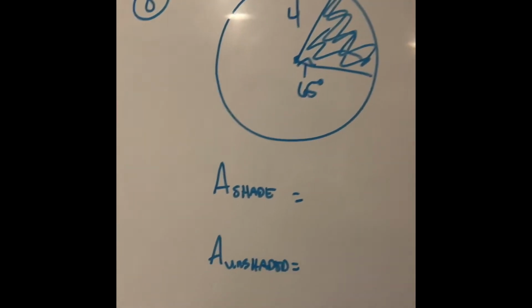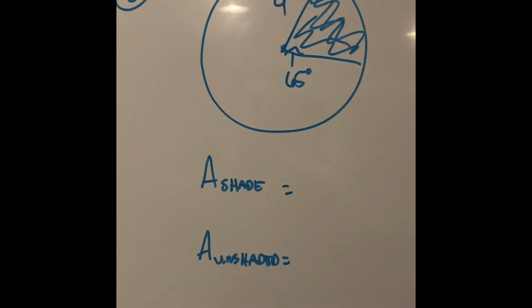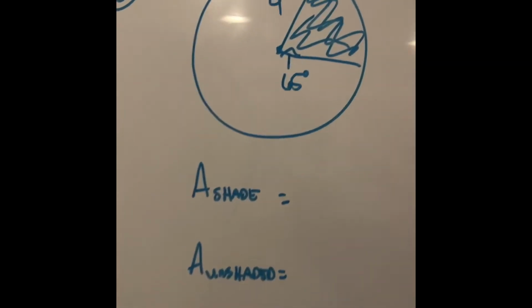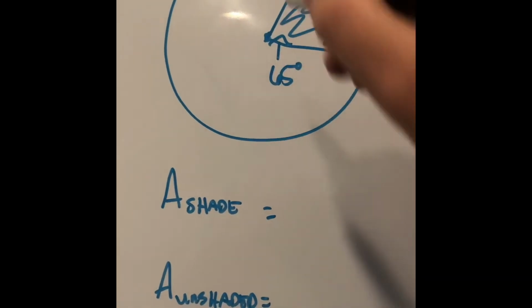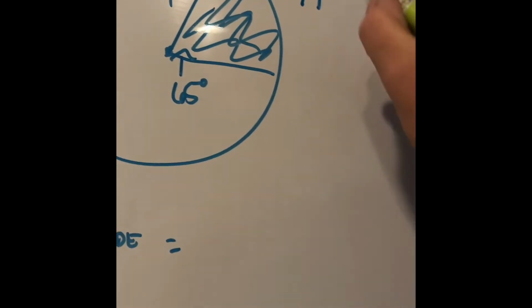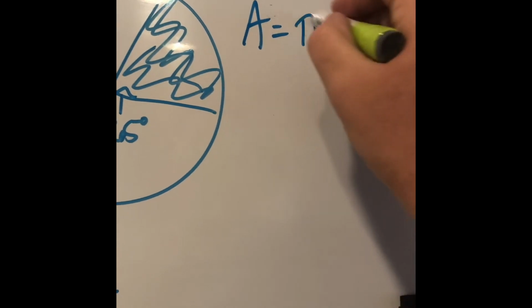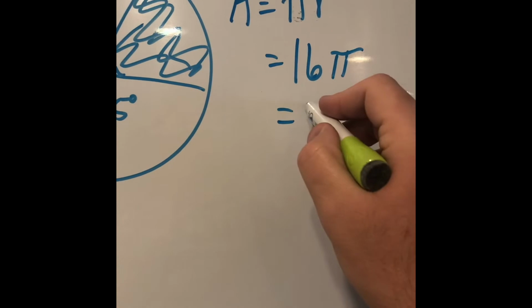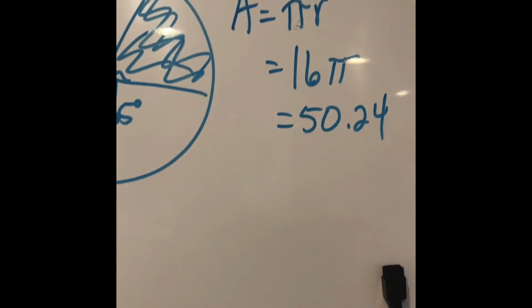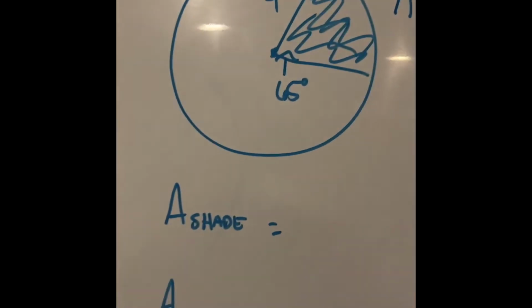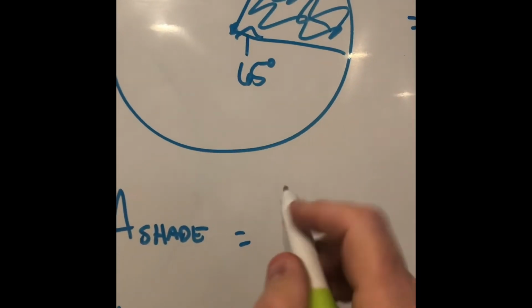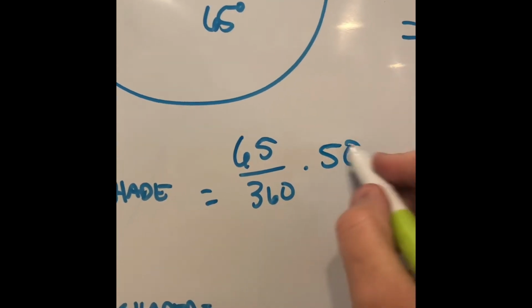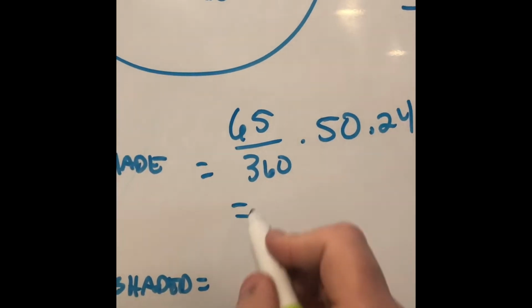For number 8. Okay, now this is a little weird. They want the area of the sectors, it says. So that means they want the shaded and the unshaded. Well, the first thing we should do is find the area of the circle. That's going to be about 16 pi, which is roughly 50.24. Okay, so let's go to the shaded part first. So that's just 65 over 360 times our 50.24, okay?